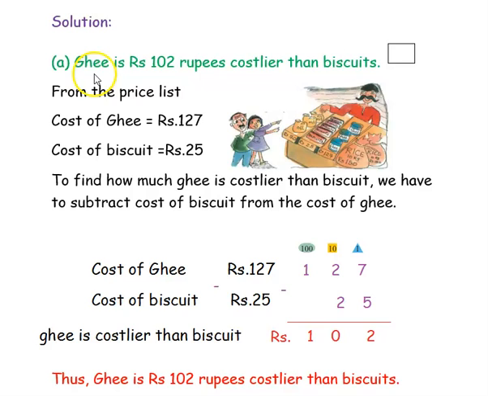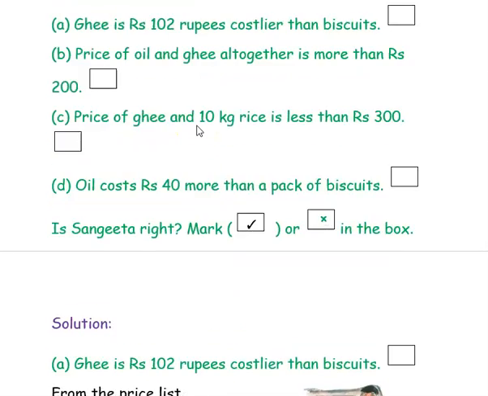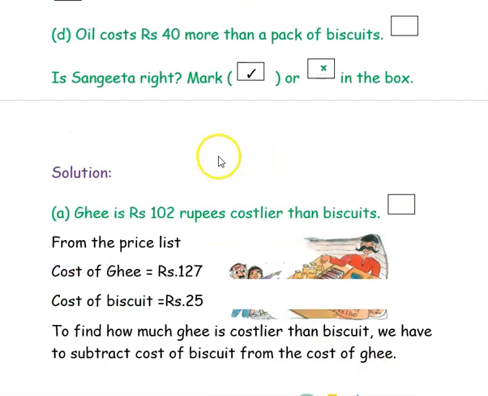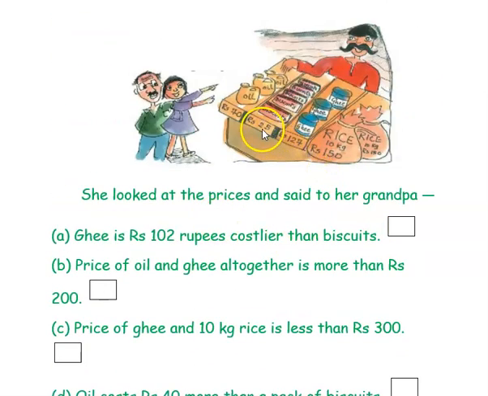The first statement is ghee is rupees 102 costlier than biscuits. Let's look at the price list. The cost of ghee is 127 and the cost of a biscuit packet is 25.